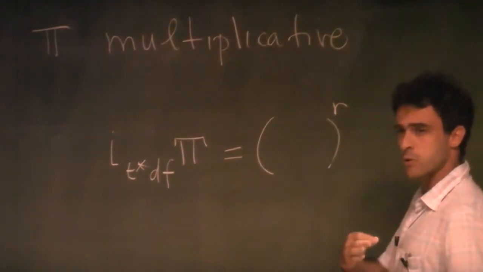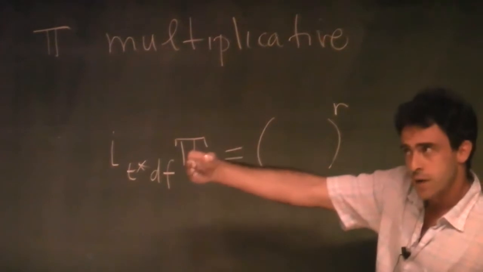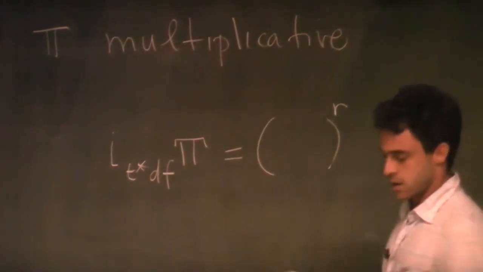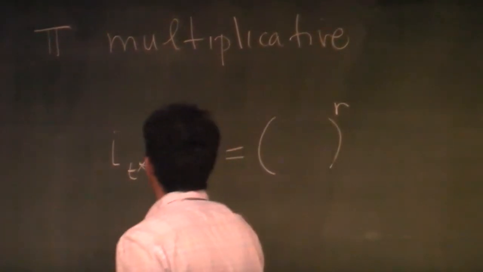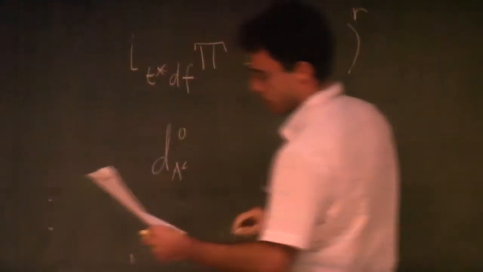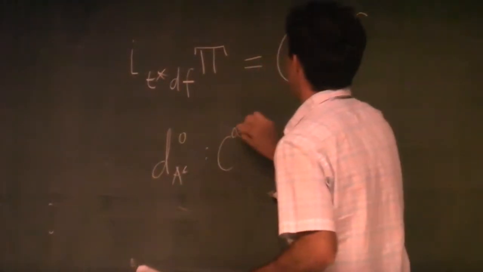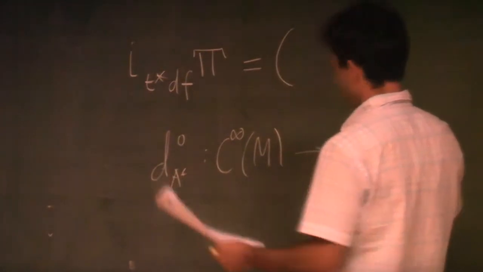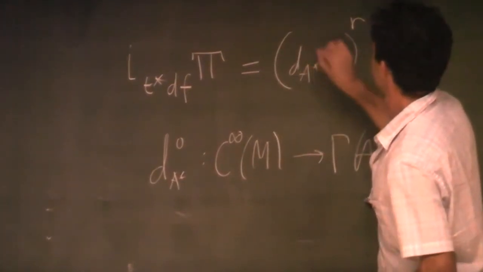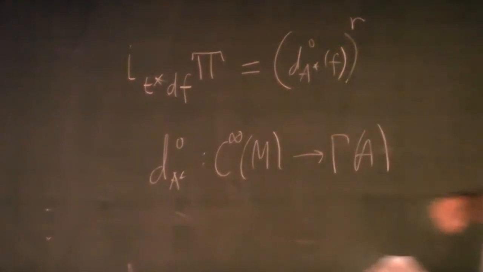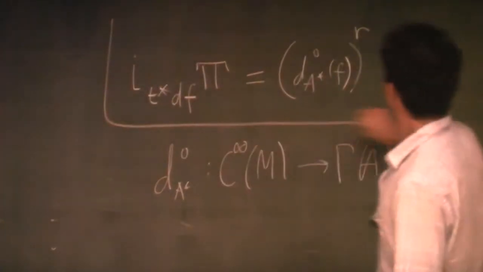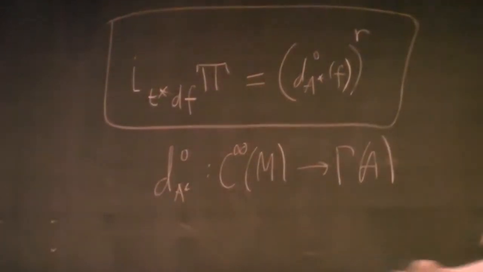Remember that sections of the algebroid were identified with right invariant vector fields by right translation, right? So this really gives me a map. I put 0 here because it's in degree 0. That takes functions to sections just by this equation.